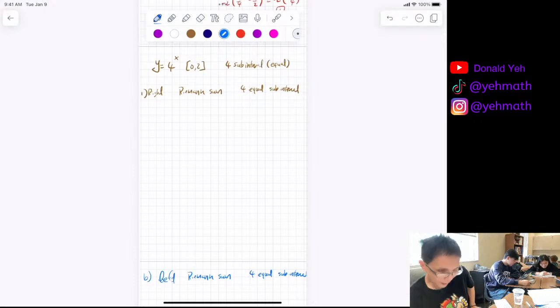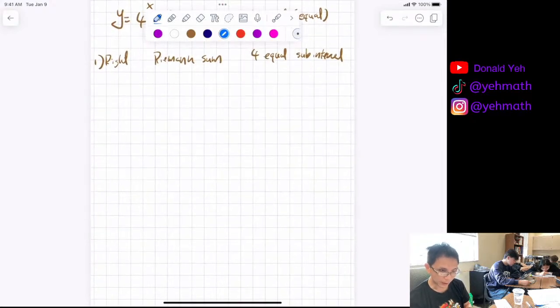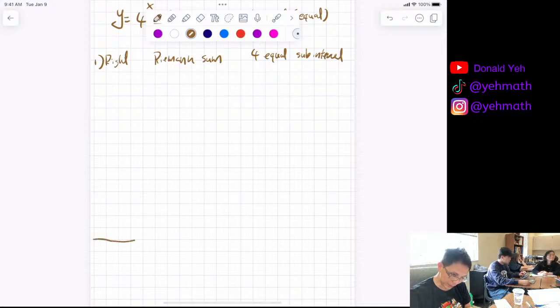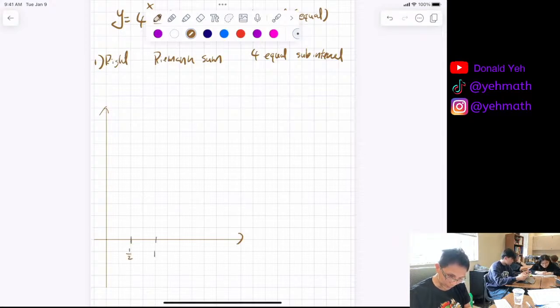And you say, okay, well, right Riemann sum, 4 equal subintervals, and we're going to try it. Now, I'm going to show you a couple of tricks that I always do. So I'm going to start with this. First trick. I'm going to go 1/2, 1, 3/2, and 2.